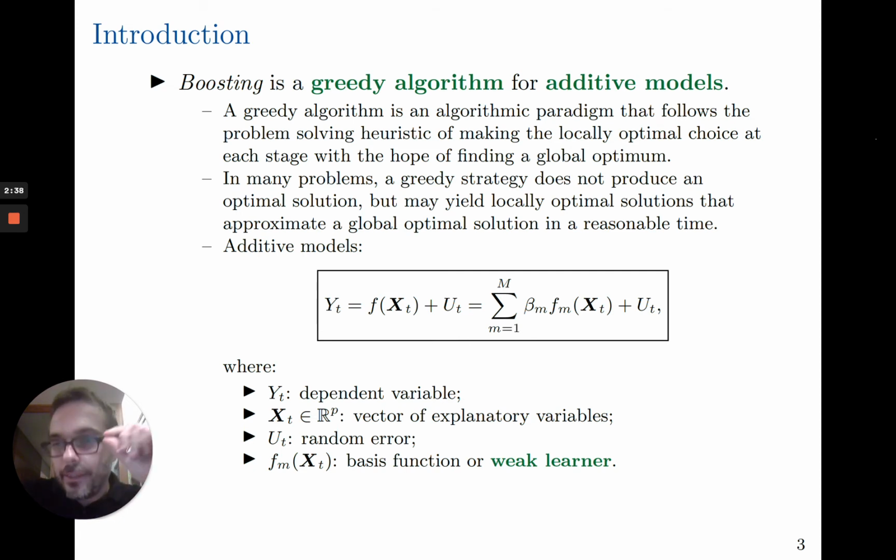And the idea here is that we are going to approximate the function f by simpler functions. That's why we call them weak learners. So we are going to have an ensemble of models that are not globally optimal, but when we combine them, we aim to reach a global optimal solution.